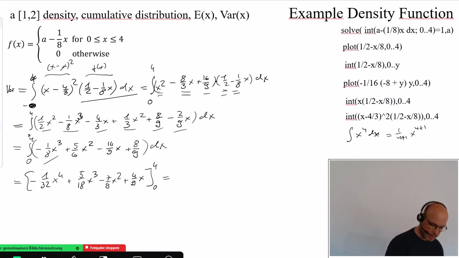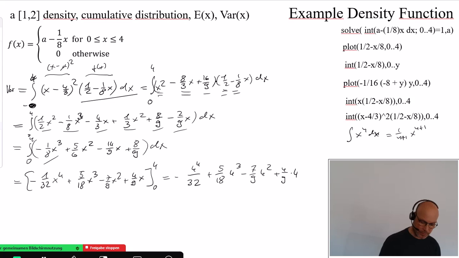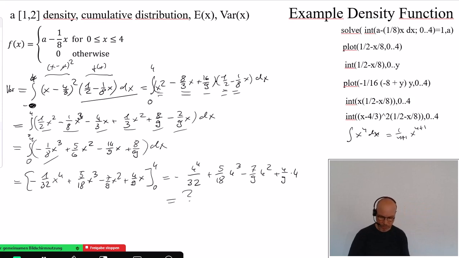Inserting this is minus 4 to the power of 4 over 32 plus 5 over 18 times 4 to the power of 3 minus 7 over 9 times 4 to the power of 2 plus 4 over 9 times 4. Well, and this you can do by your own because we want to go a little bit further.